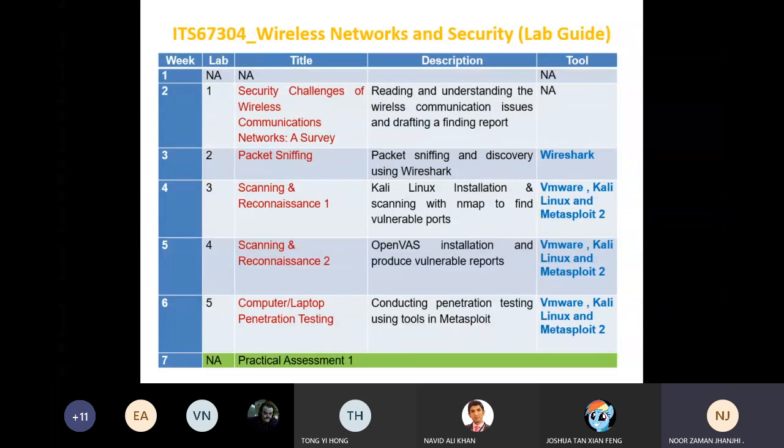Now from here you can see in this table, there are actually 5 different columns. Column number 1 stands for the week number. Number 2 is for the lab number. That's why there is a difference between the numbers, because in week number 1, we don't have any lab. Column number 3 is the title of the lab, which you will find in the lab manuals as well.